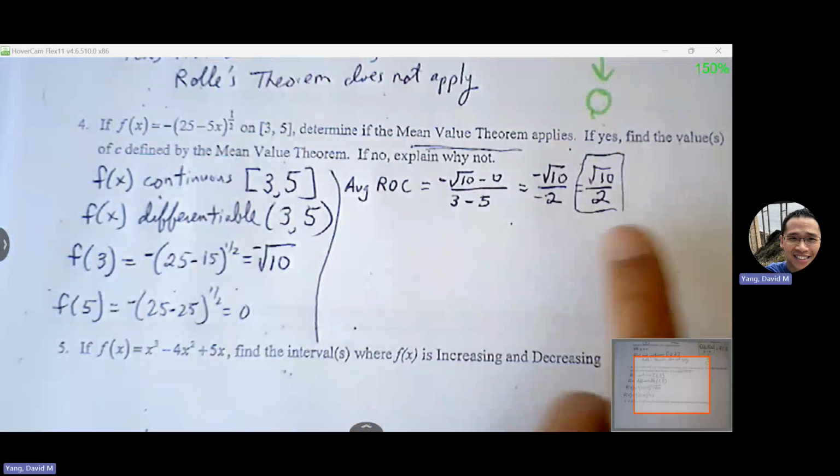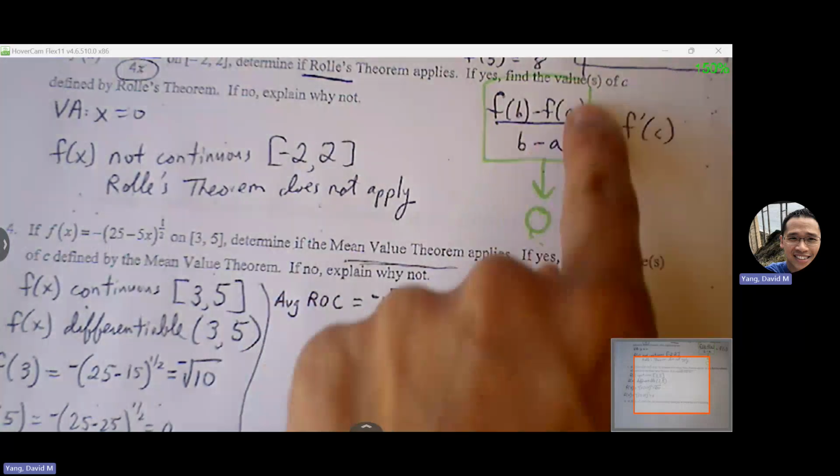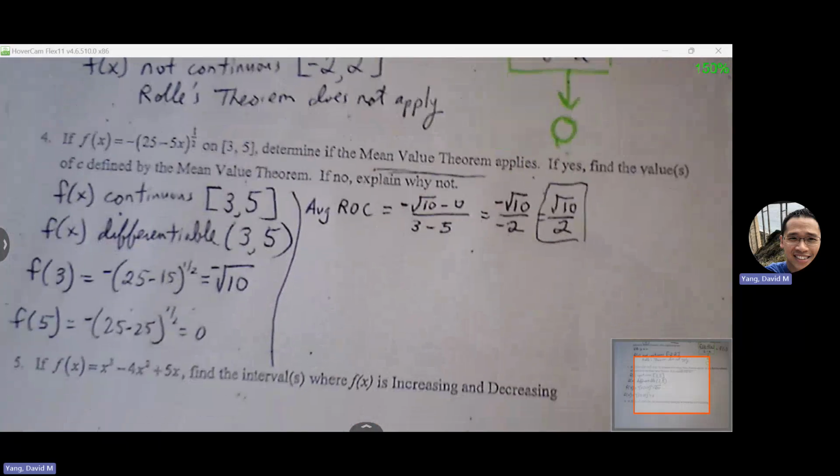Okay, we'll set this off to the side. We're not done yet, but we have one piece of the formula taken care of.